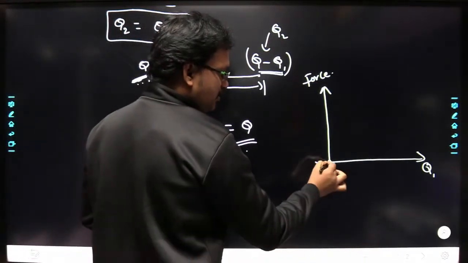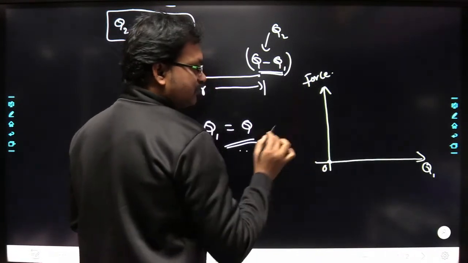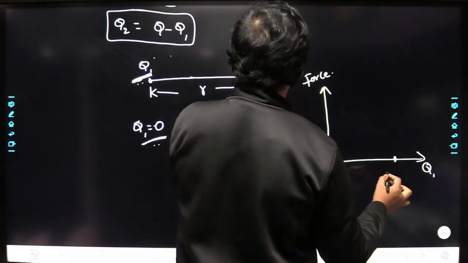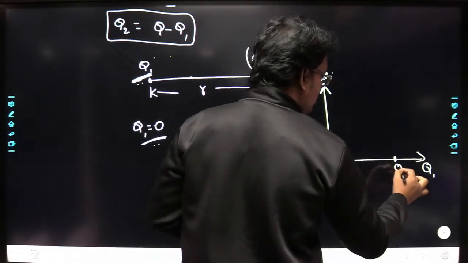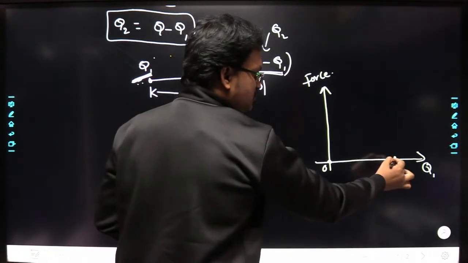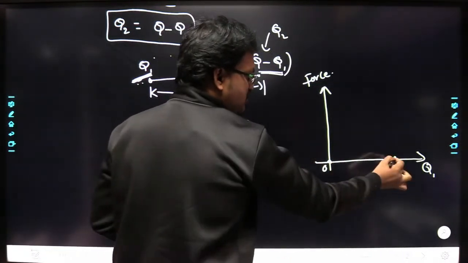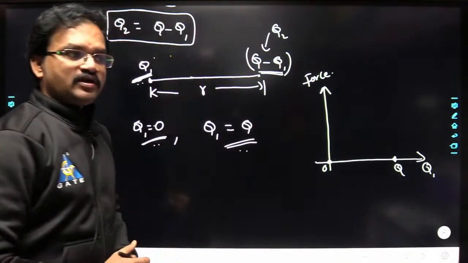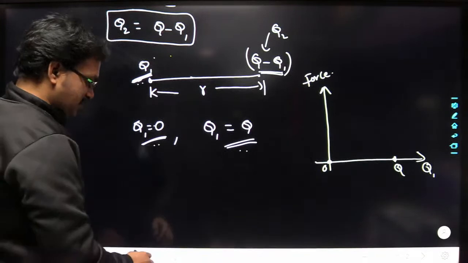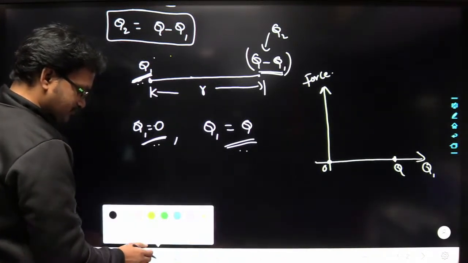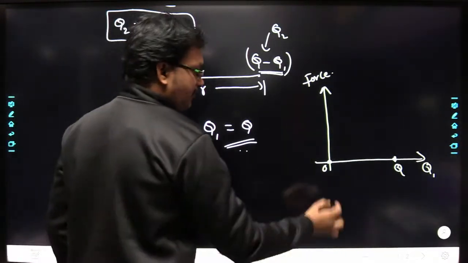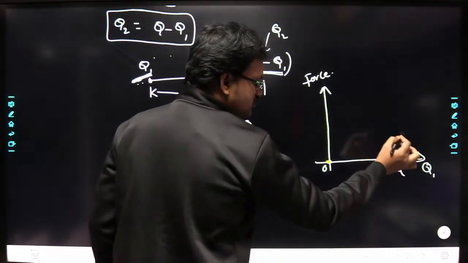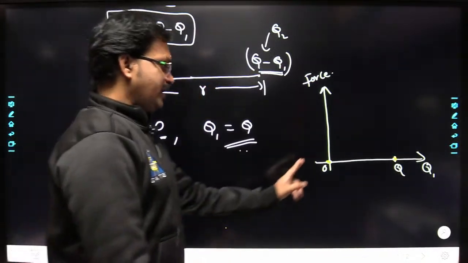So when Q1 is equal to 0 you are getting force equal to 0, and at Q1 equal to Q the force is becoming 0 as well. At these two values of Q1, the force is becoming 0.